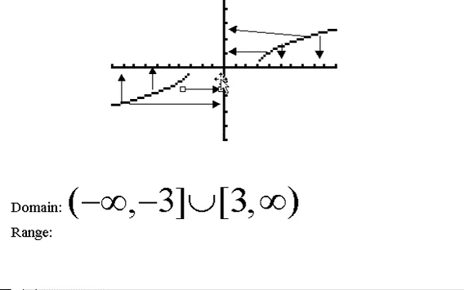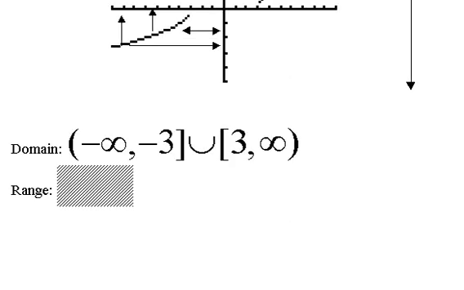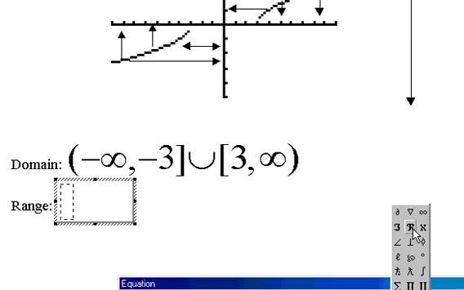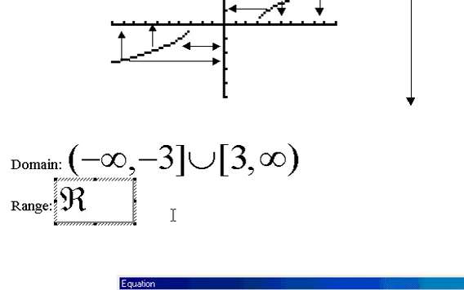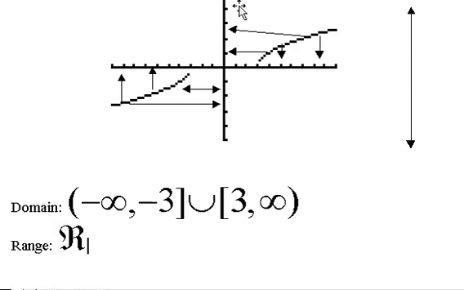So we're going to be able to take this graph and everything is going to be taken care of. So the range is going to be all real numbers. It's not skipping over any values. So we have all real numbers for our range. It's going to be from negative infinity to infinity. Everything on the y-axis is going to get covered.